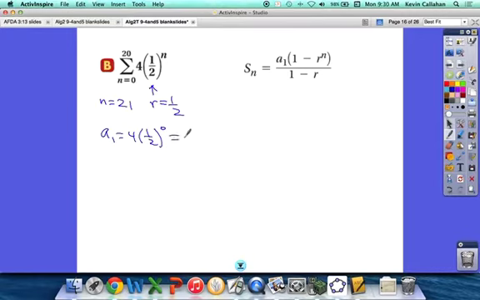Well, 1/2 to the 0 is 1. 4 times 1 is 4. So now you can plug everything into that. S21 equals, first term was 4 times 1 minus 1/2 raised to the 21, over 1 minus 1/2.